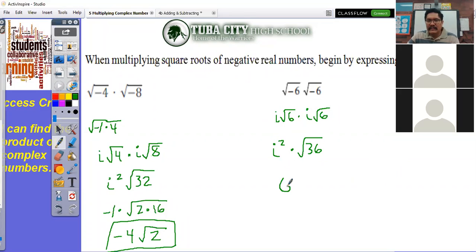That would just be 6. And we also can take the imaginary number to the second power, or i squared. And again, i squared is just negative 1. So negative 1 times 6 is going to be negative 6. So there we go. That's our answer, negative 6.